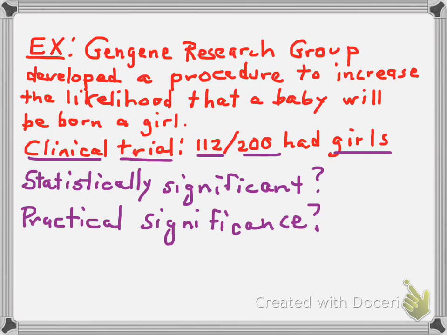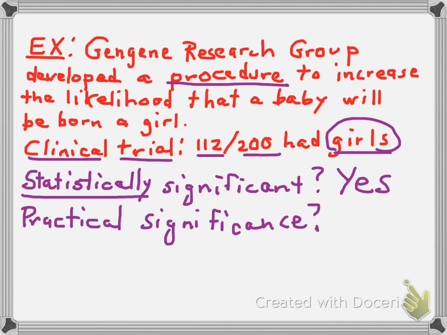A statistical test was conducted, and it was determined that yes, there is a statistical increase in the amount of girls had using this particular procedure. Now we have to determine if that increase from 100, which is what we would expect, to the 112, is different enough, or an increase enough, for us to actually use that procedure.